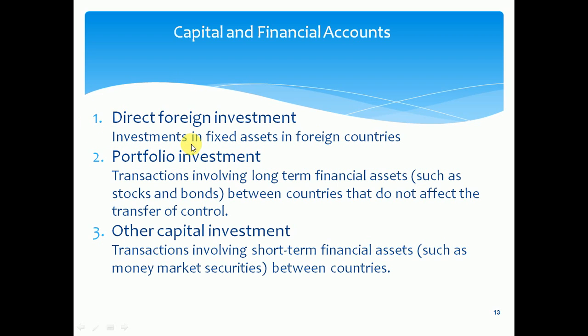When you are purchasing more than 50% stakes in foreign companies, we call it direct foreign investment. You are going to purchase land, building, furniture, machinery, these things. So you are developing a setup.